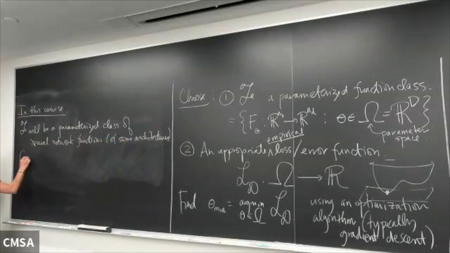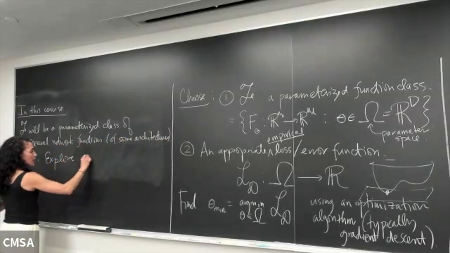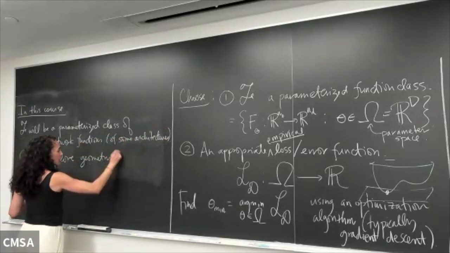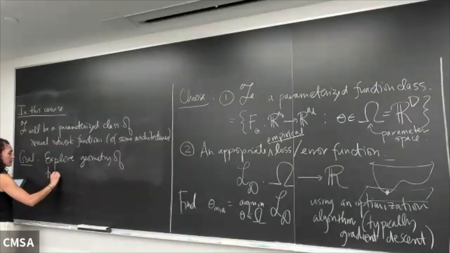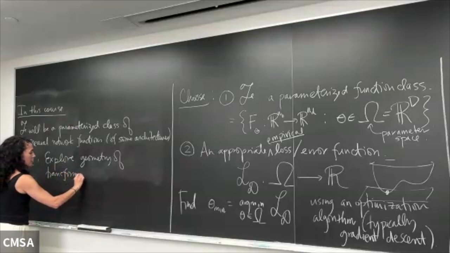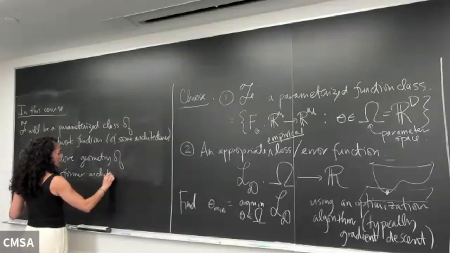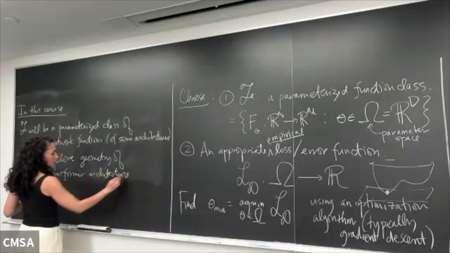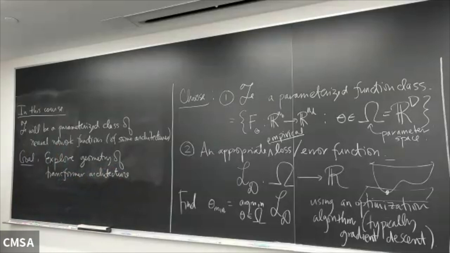My bigger goal, at least for this part of the course, is to explore the geometry of the transformer architecture. Transformers are the architecture that large language models are built on.